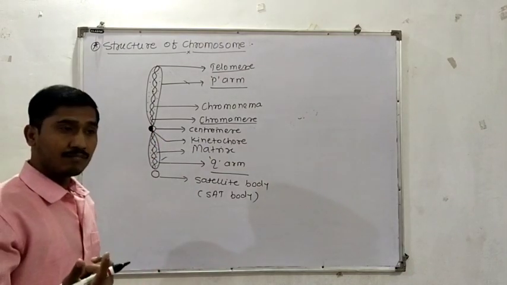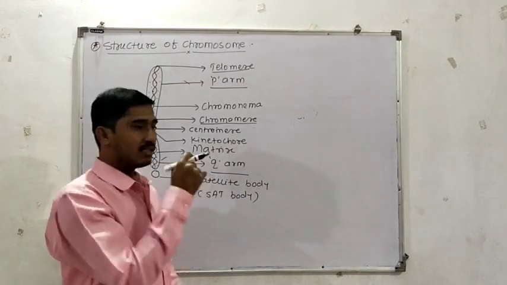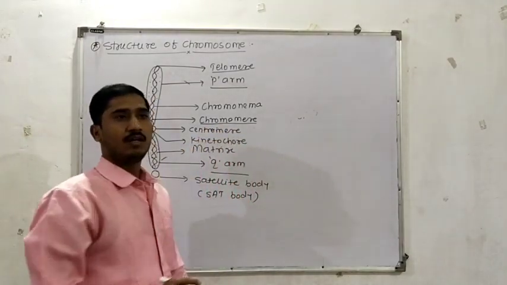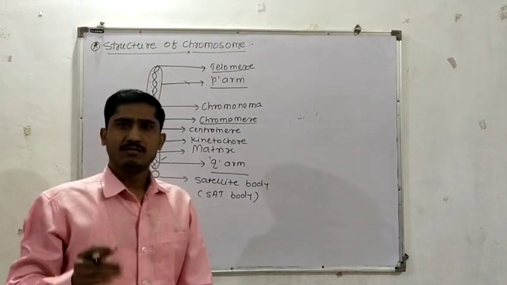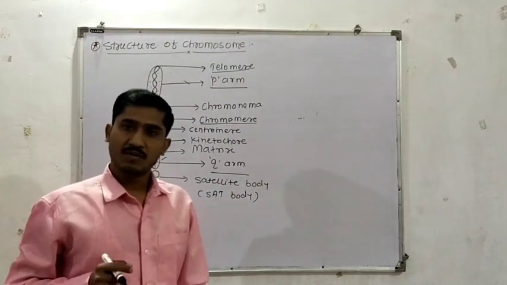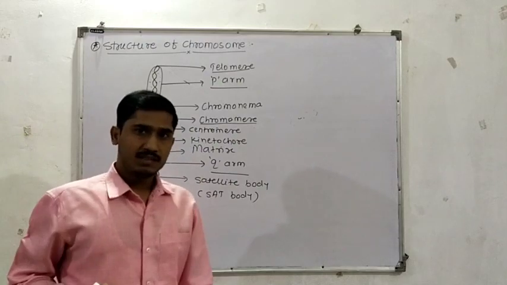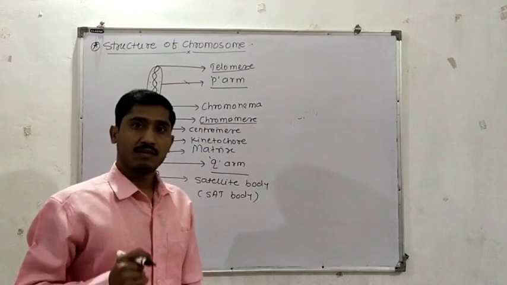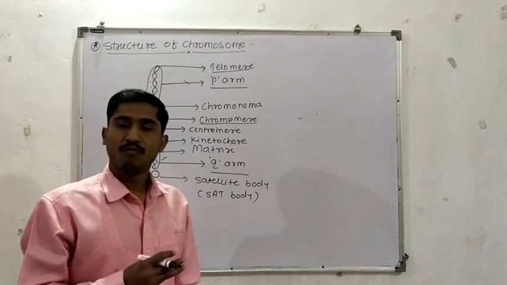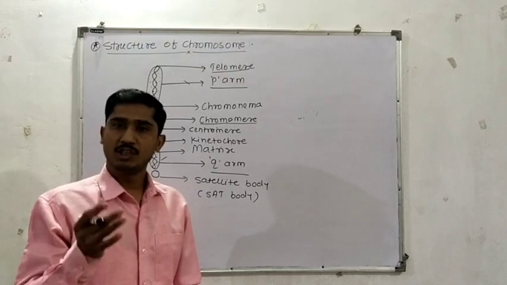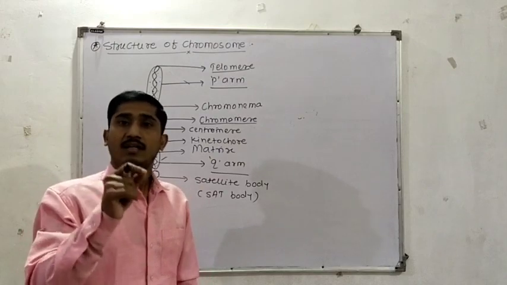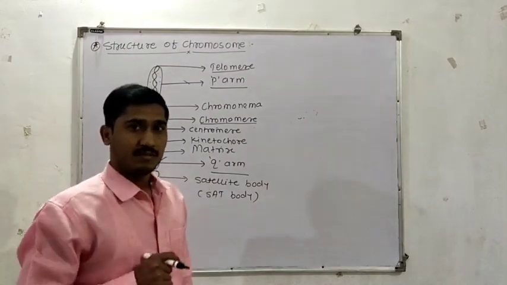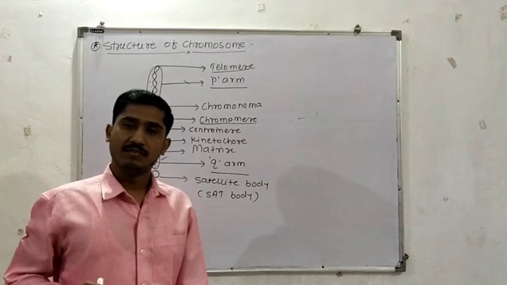To understand the function of kinetochore, we have to recall cell division. In cell division, there are two types, mitosis and meiosis. In any division, there are four main phases of karyokinesis: prophase, metaphase, anaphase, telophase. During metaphase, there is spindle fiber formation, an important event during cell division.